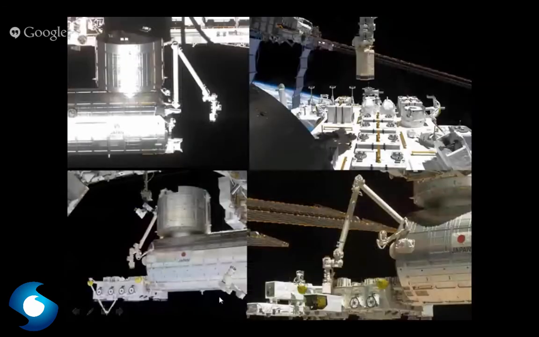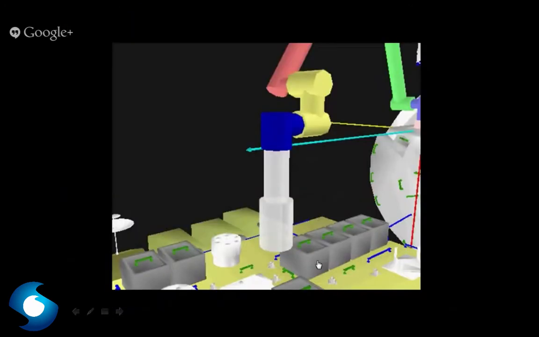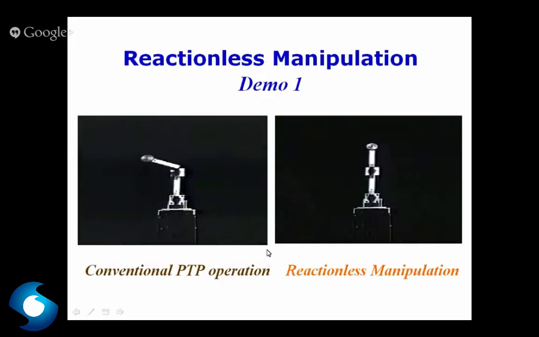These are pictures of the Japanese pressurized module and the Japanese manipulator arm. It is already on board, and based on the data from the operation, we identified the flexibility of this Japanese arm. After some motion, it shows a few centimeters or 10 centimeters of very low frequency vibration at the end point.